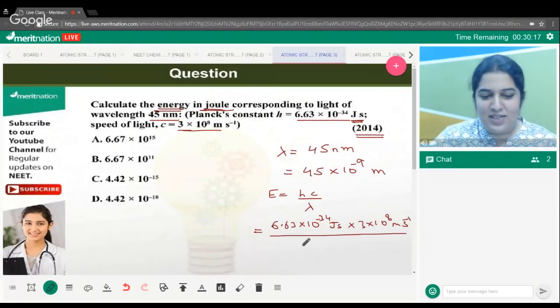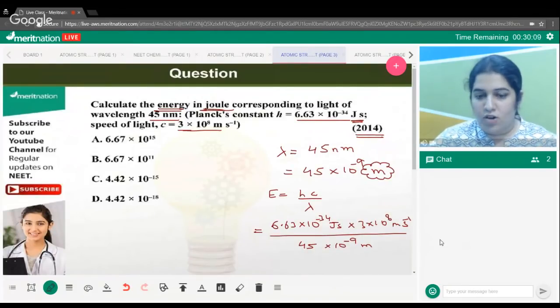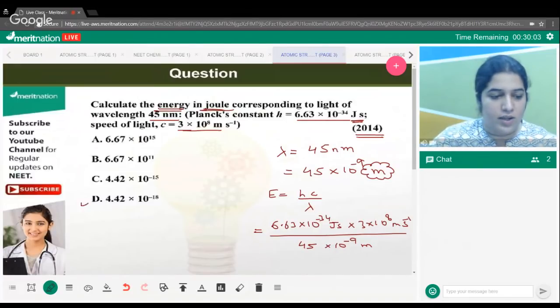Lambda is given to us as 45 into 10 to the power minus 9 meters. Please remember to convert this nanometer into meter. Otherwise, you will not get the correct answer. So if you calculate this, it's going to come out to be 4.42 into 10 to the power minus 18. I hope you will be able to do the calculations.